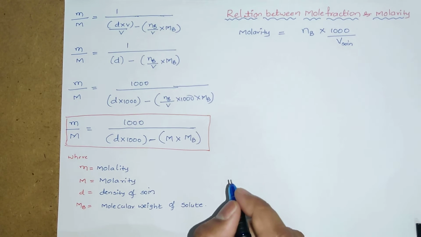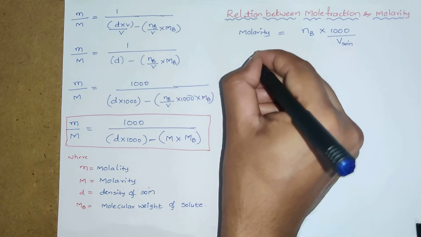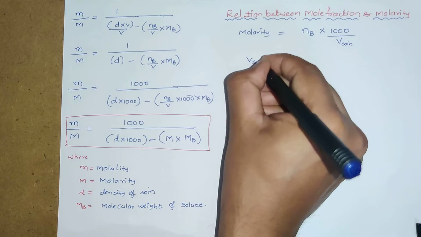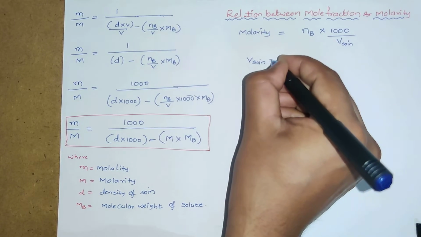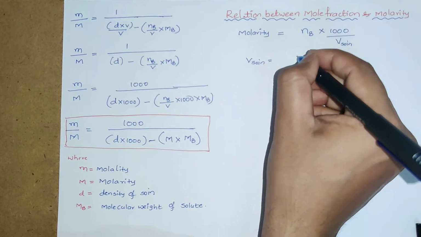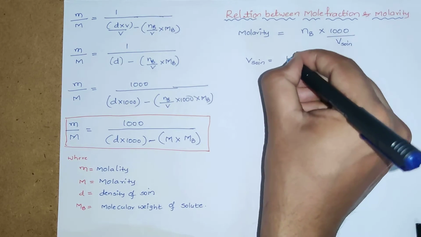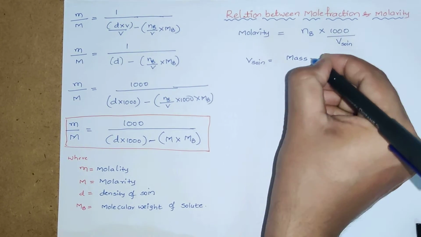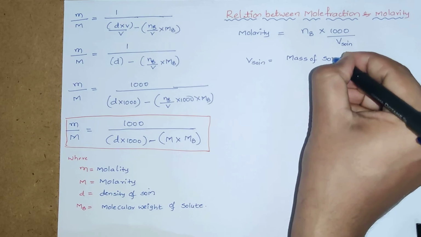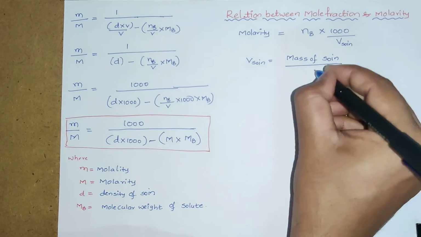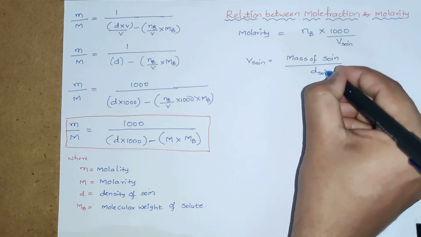So what is volume of solution? The formula: volume of solution is equal to, simply we write, mass of solution by density of solution.